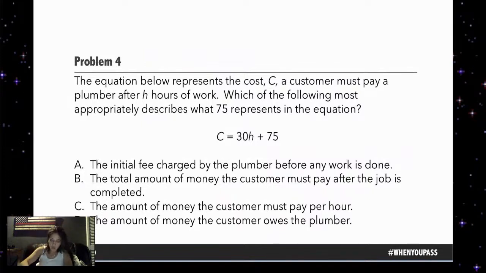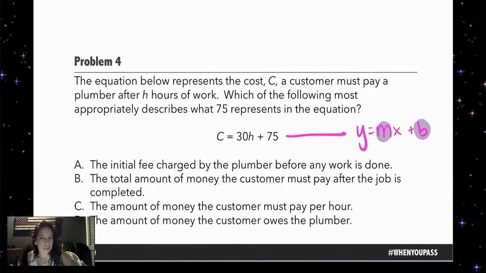The equation below represents the cost C a customer must pay a plumber after H hours of work. Which of the following most appropriately describes what 75 represents in the equation? So when I see this, I immediately think y equals mx plus b, knowing that b and m are usually numbers and y and x are my variables.